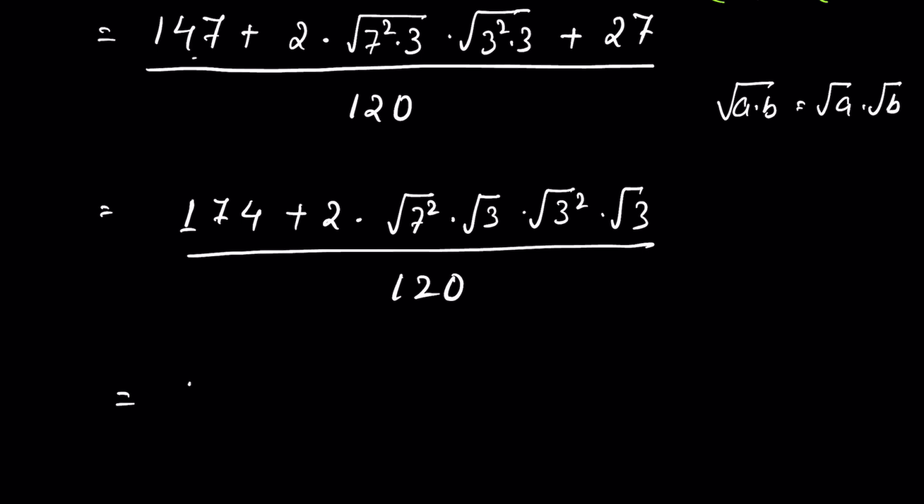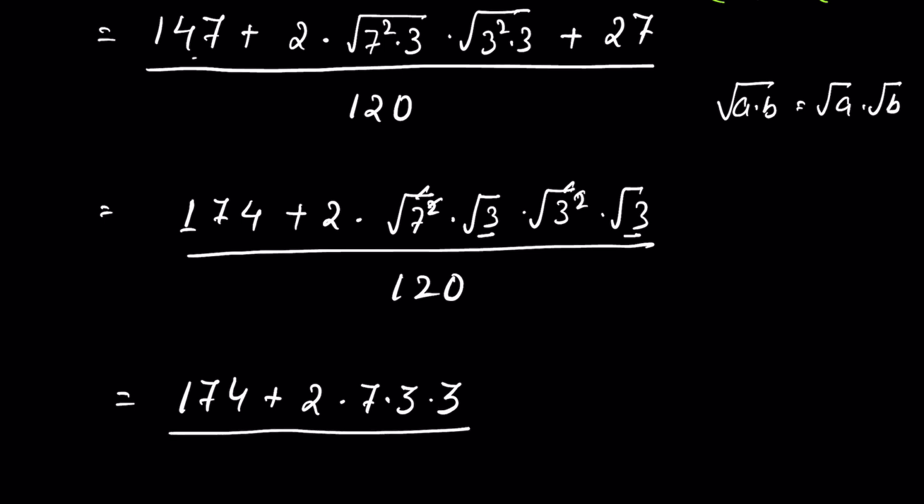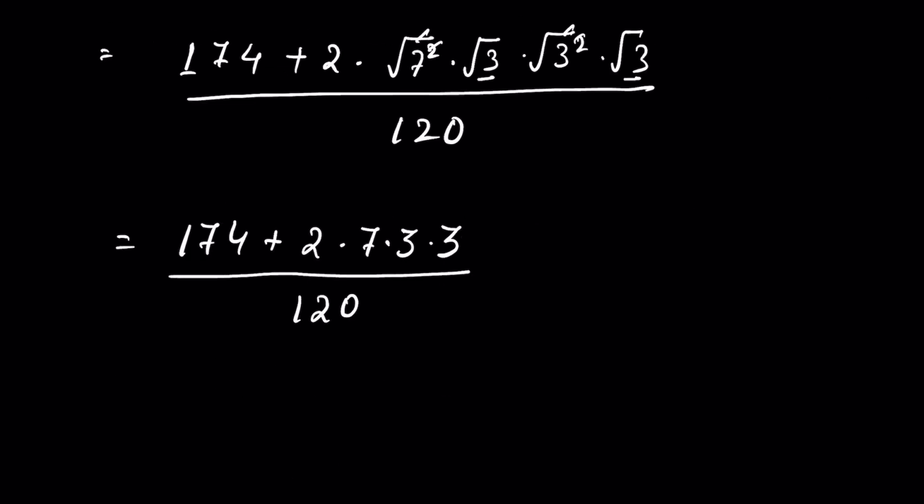Or 174 plus 2 times, remove the square root with the square, so 7 times 3, and square root of 3 times square root of 3 will be square root of 3 square, so times 3, upon 120, so 174 plus 126 upon 120.